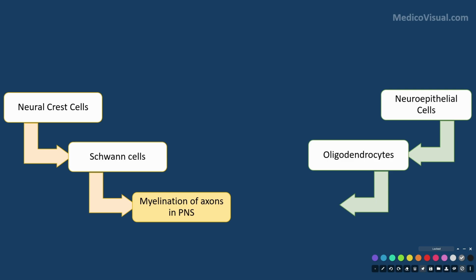Initially there is the formation of glioblast, which will form the oligodendroblast, which will form oligodendrocytes, and then these oligodendrocytes will myelinate the axons in the central nervous system. So Schwann cells will myelinate axons of the peripheral nervous system, but oligodendrocytes will myelinate the axons in the central nervous system.